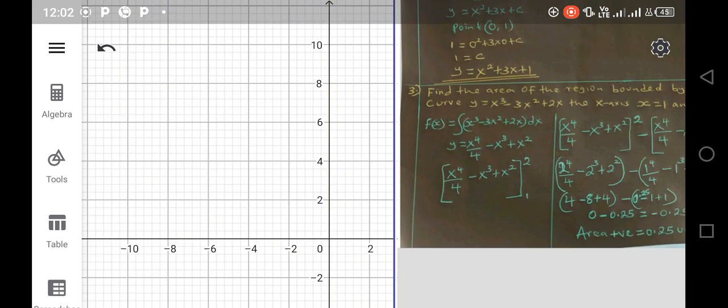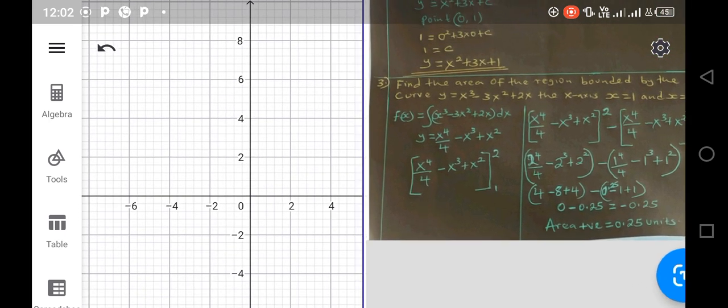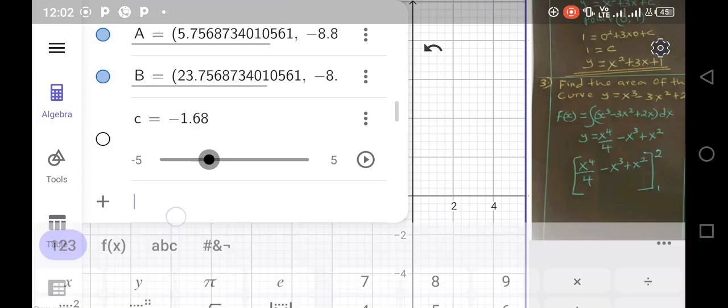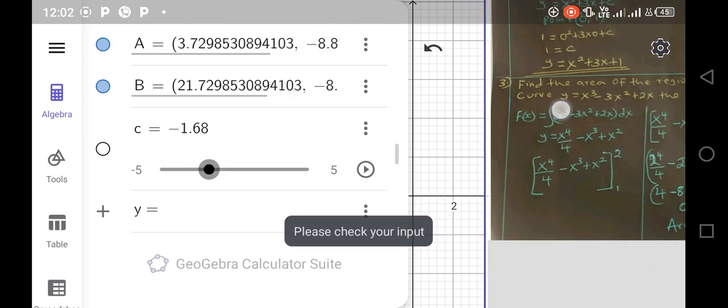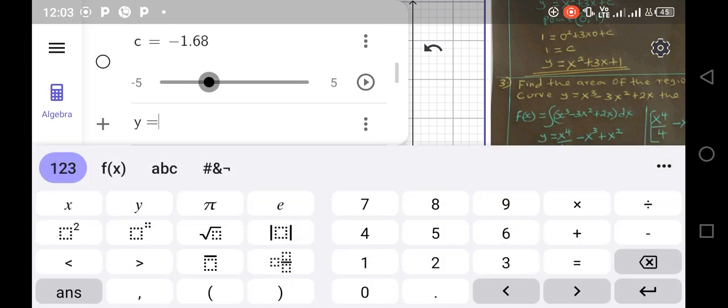Let's go and see where that curve appears. We can just go there and draw our curve. You can never draw a curve after integration, so now draw the curve of the original. Let's say y equals x cubed minus 3x squared plus 2x.